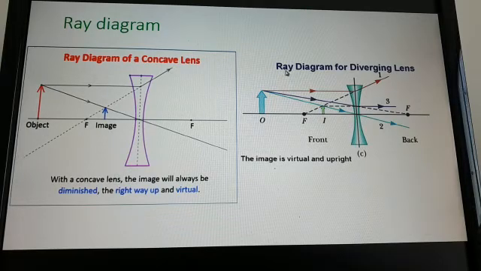This is also showing the ray diagram of a diverging lens. This is the focal point. Here the object is placed, and then the image is formed between the focal point and the lens. It's a diminished and virtual image.